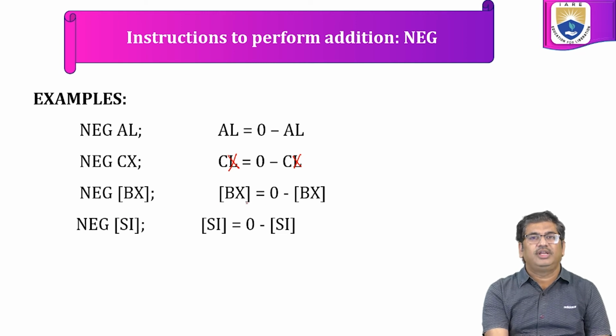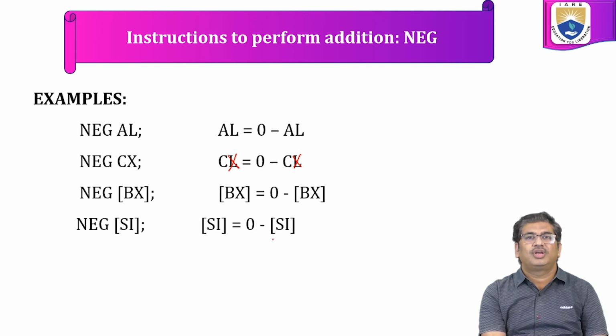NEG [BX]. Here the contents of the memory location whose address is specified in the BX register are subtracted from 0 and the result will be stored into the memory location. NEG [SI]. The contents of the memory location whose address is specified in the SI register will be subtracted from 0 and the result will be stored into the memory location.